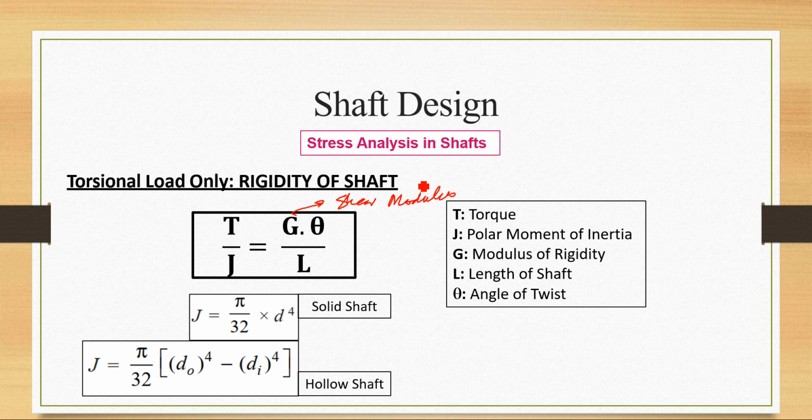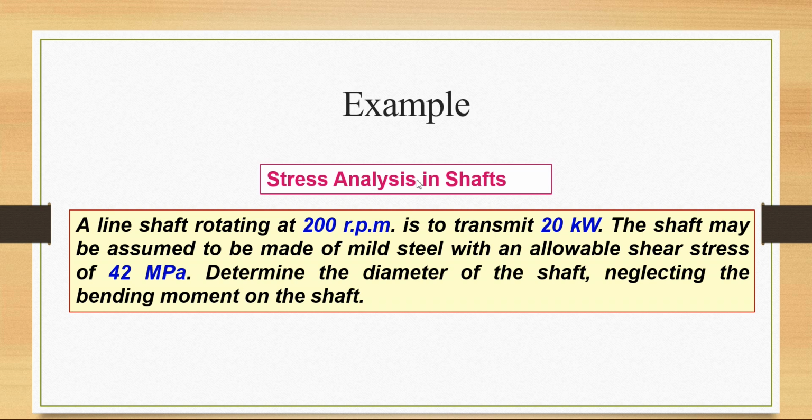This is for cases in which the allowable stress is not defined but the shear modulus is defined, so you can design the shaft based on rigidity. But these are very few cases in which you have to use this approach.